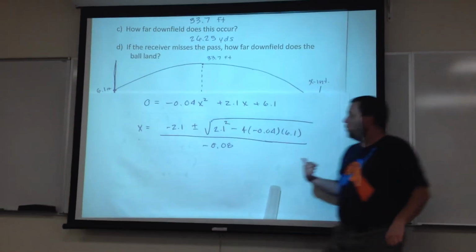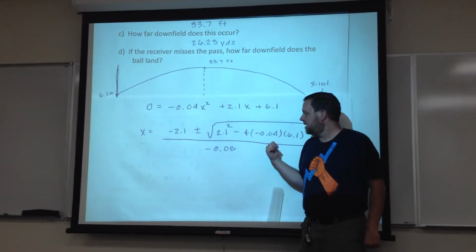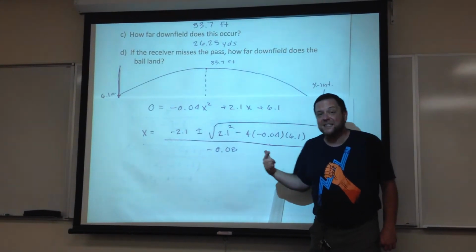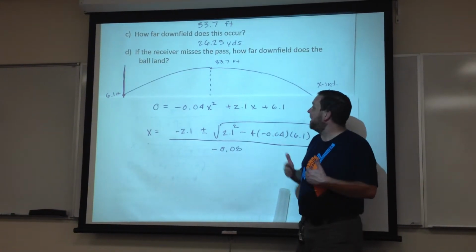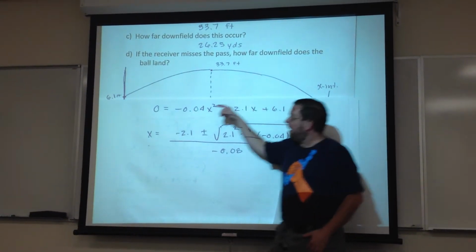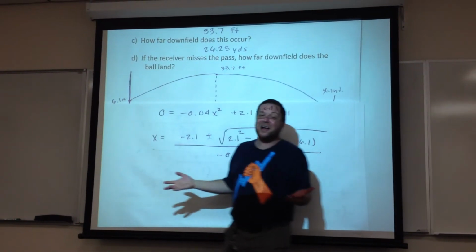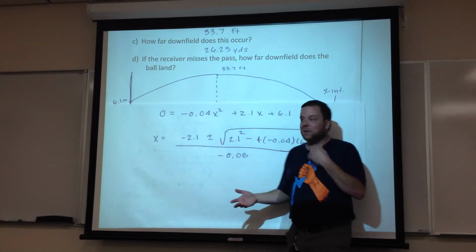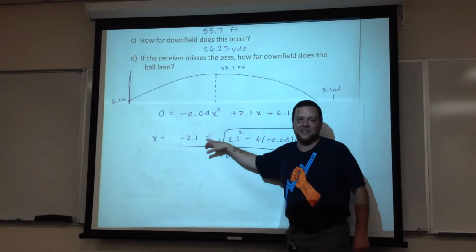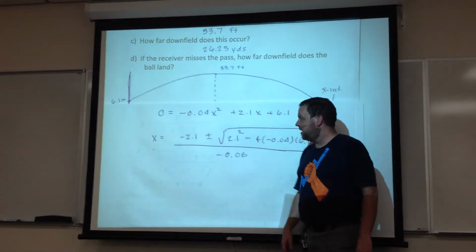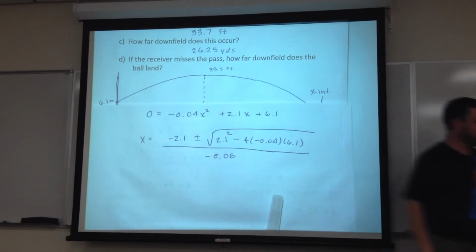When you calculate this out, keep in mind you're looking for a positive distance. So you want to use the calculation that gives you a positive x value for that positive x-intercept. The other x-intercept is going to be negative, and that won't make sense in the context of our problem. When you run through this, it turns out that you want to take the minus part of the quadratic formula.